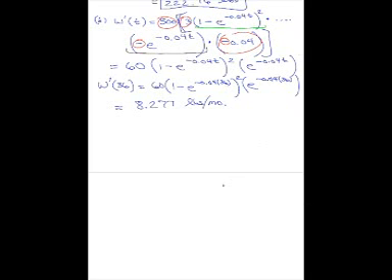All right, the last part is determine what happens to the weight of the cow over time. When you see this kind of phrasing, what they are asking for is the limit as t goes to infinity of the weight of the cow.